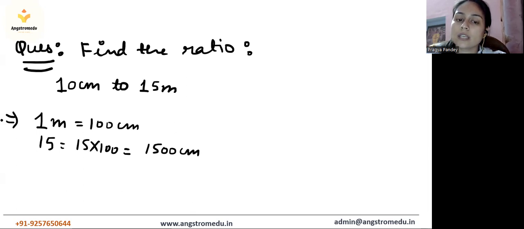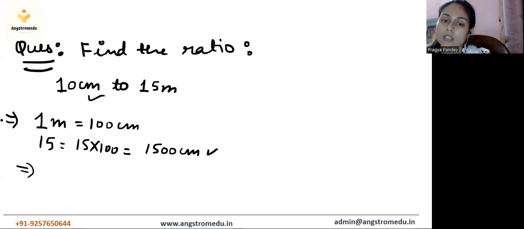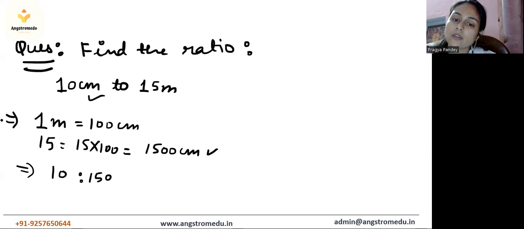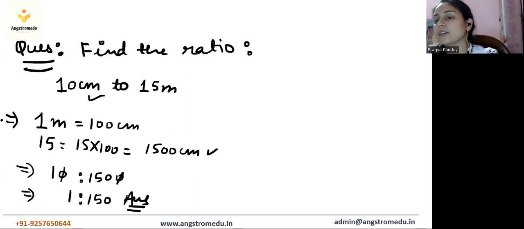Now we can see the quantities are in the same unit. So it will be 10 is to 1500. If I reduce this, I will get 1 is to 150, the desired or simplest ratio which we were supposed to find out.